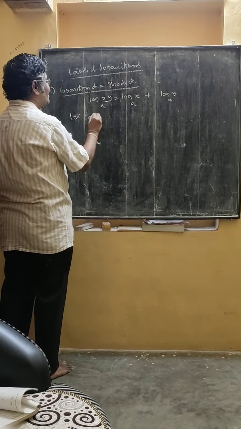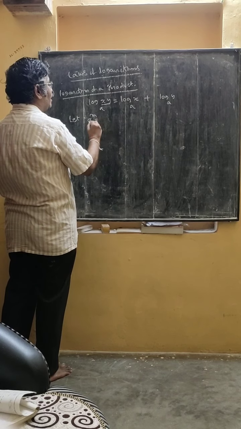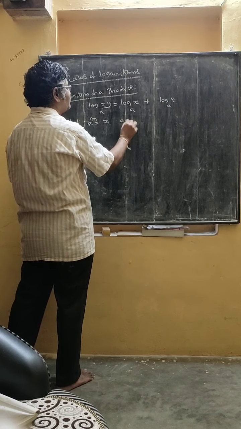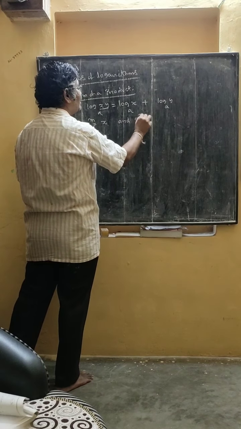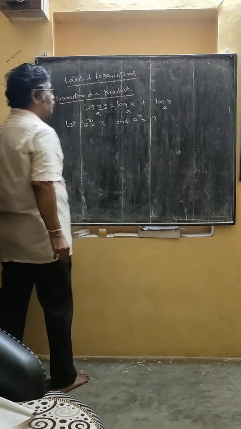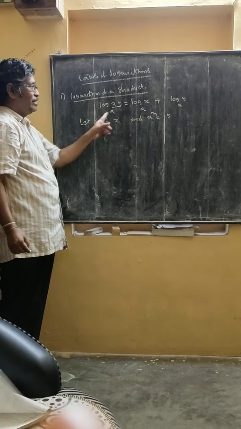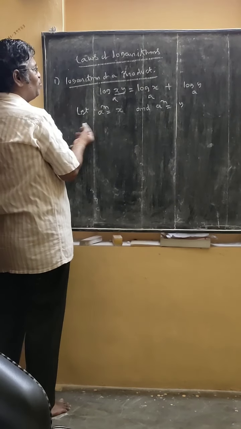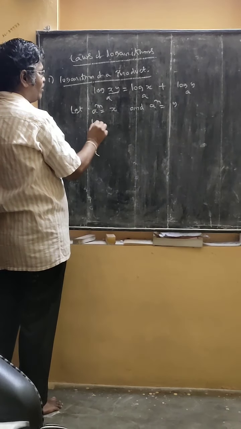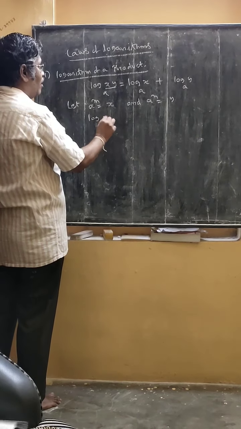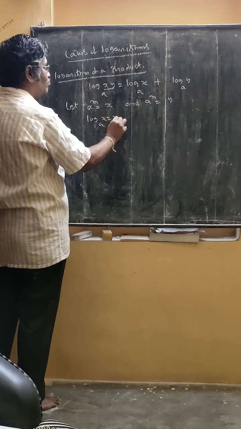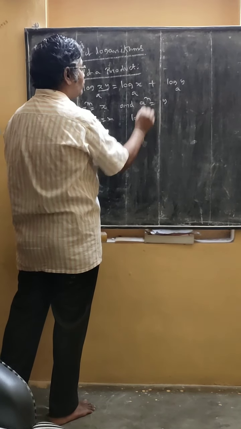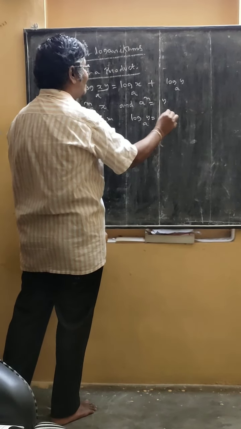Let a power m be equal to x and a power n be equal to y. X is equal to a power m, y is equal to a power n. Convert into logarithmic form. Log x to the base a is m. Log y to the base a is n.